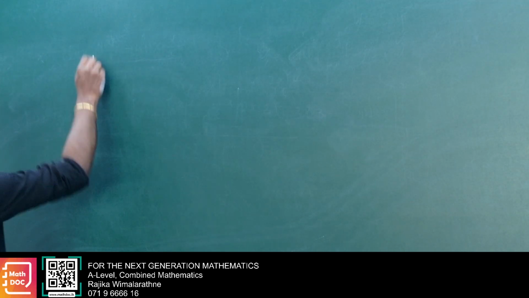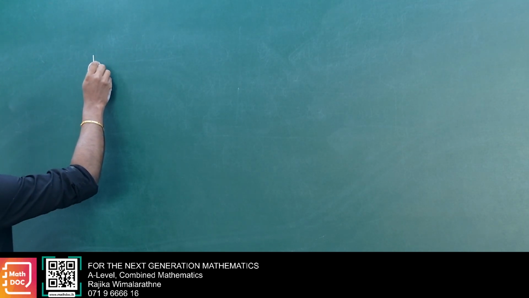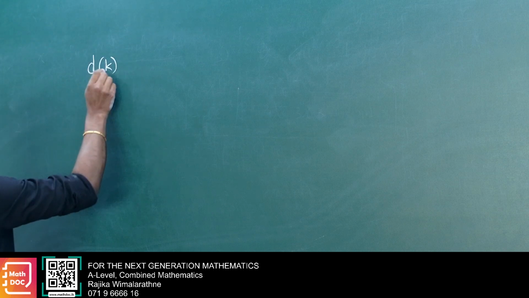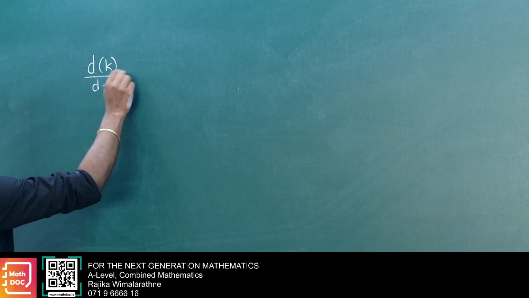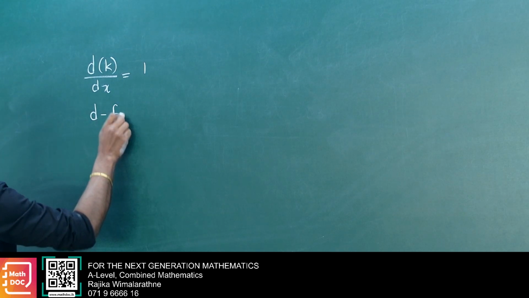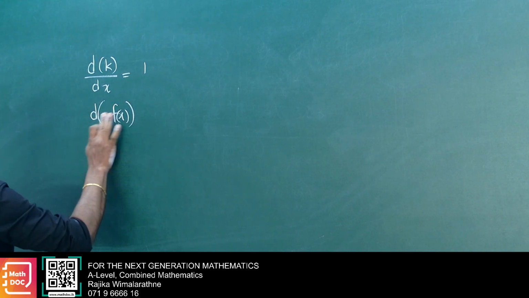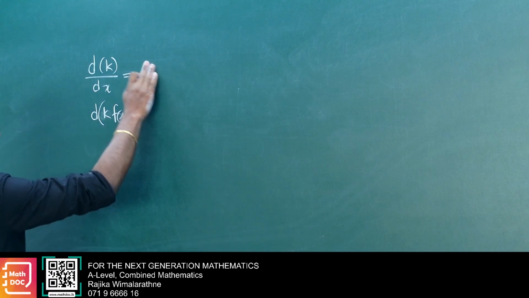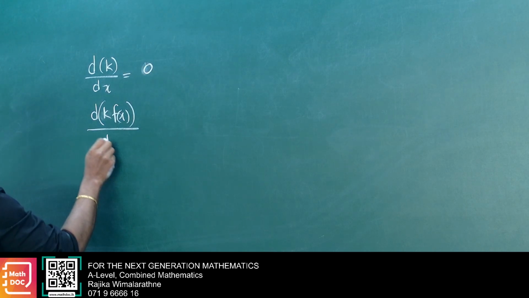Okay, now see these notations. d of a constant divided by dx is 0.